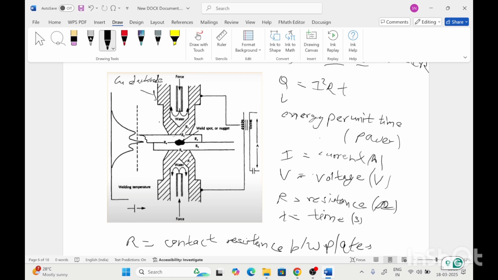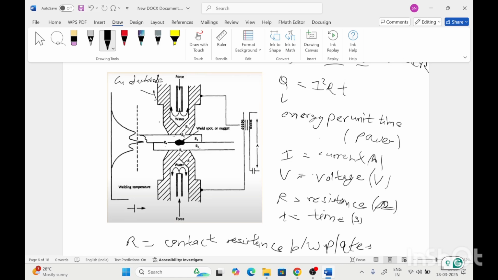R1 is the first electrode resistance, R2 is the resistance at the electrode and plate interface, R3 and R5 are the bulk resistance of these plates. R4 is the contact resistance between these two plates.